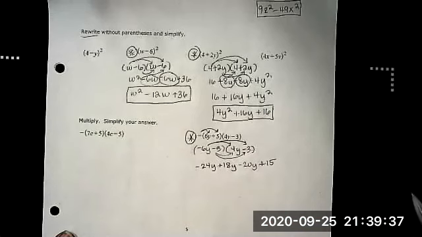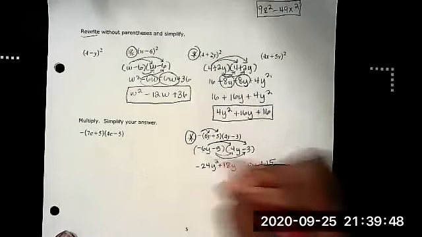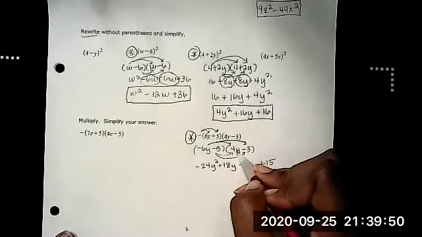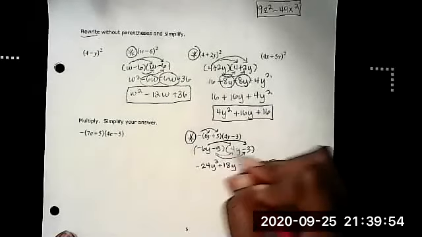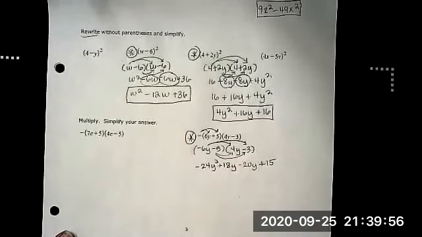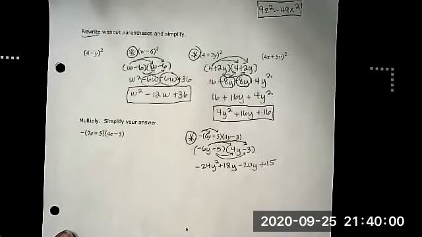Again, where did I mess up, guys? Oh, right here. That's squared, because it's negative 6y and positive 4y, negative 24y squared, because they both have y. So I have to combine the exponents.